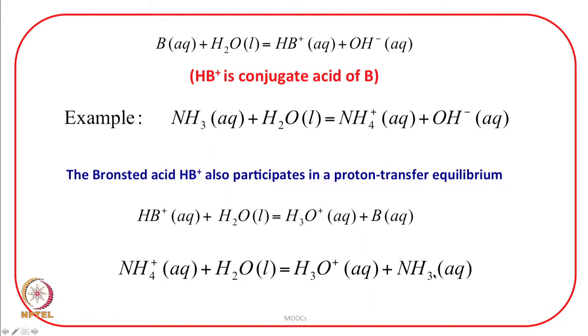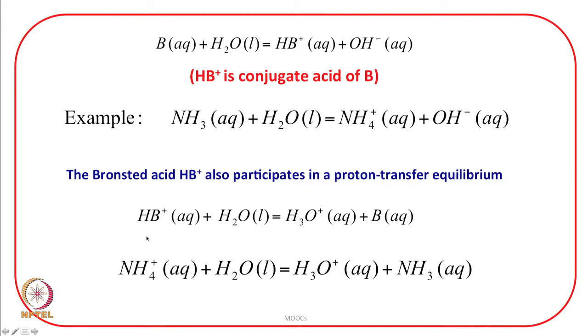So, the point to be noted from this slide is that when you dissolve a base into water, it forms its conjugate acid, and that conjugate acid can further participate in a proton transfer equilibrium, and set up another equilibrium.